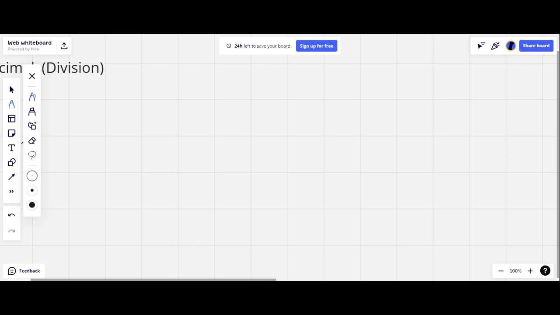Now let's go on to decimal by decimal. 3.7 divided by 1.2. Like I said, because the divisor is a decimal number, we've got to turn it into a whole number. So 1.2 into 12 because of times 10.